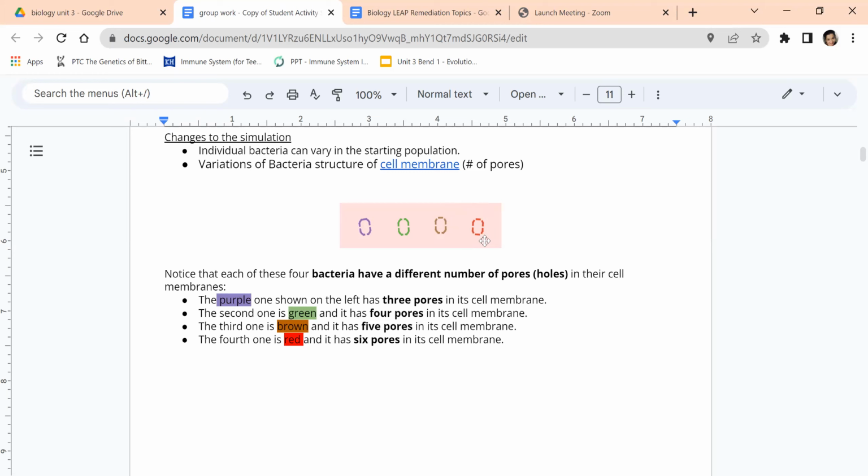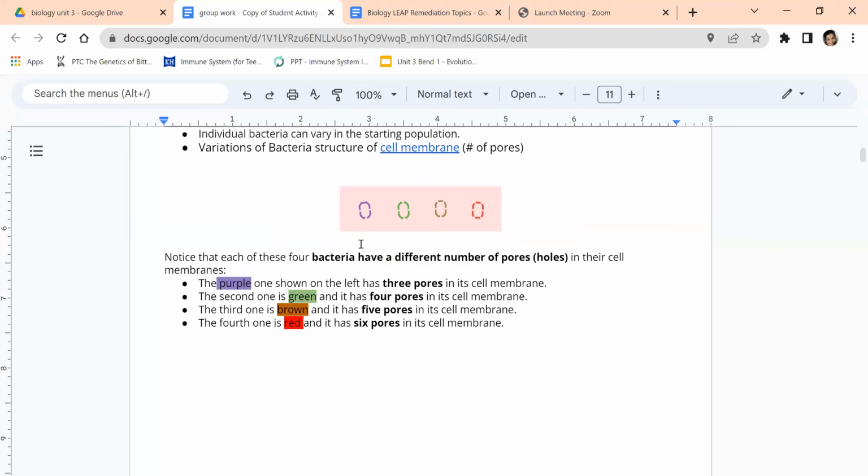The red one has 6 pores, the brown one has 5, the green one has 4, and the purple one has 3.